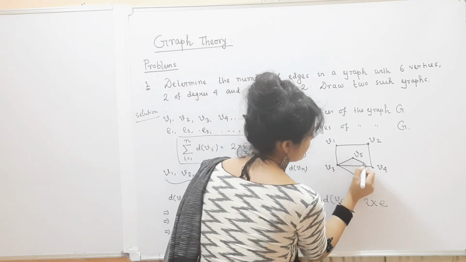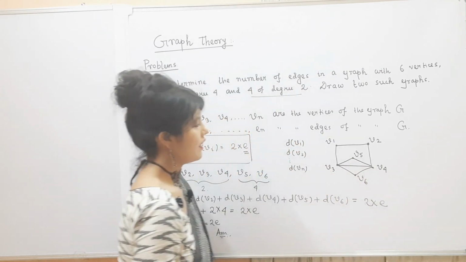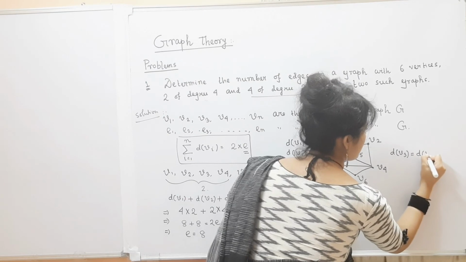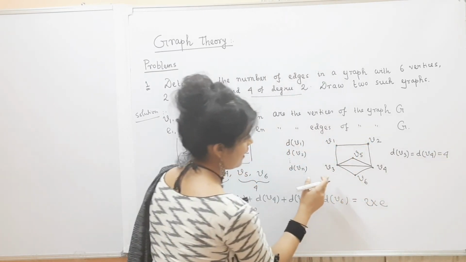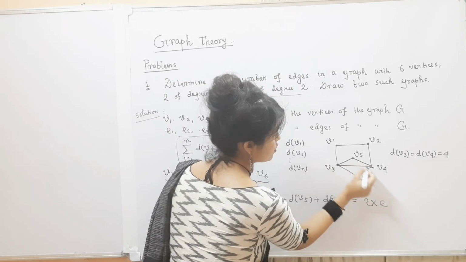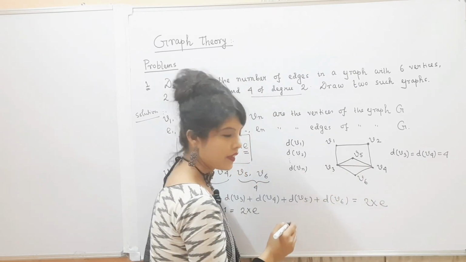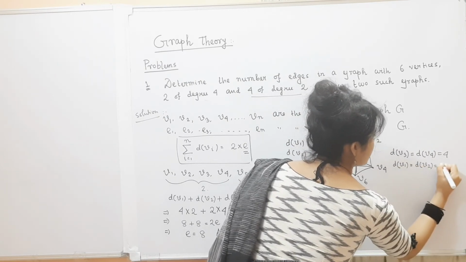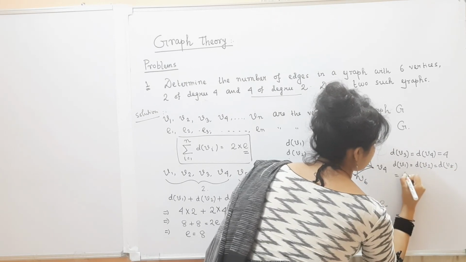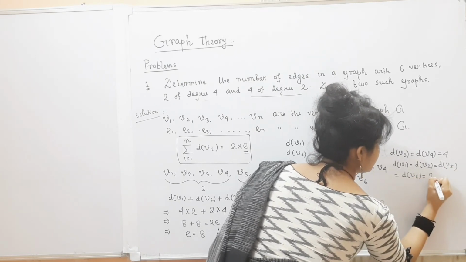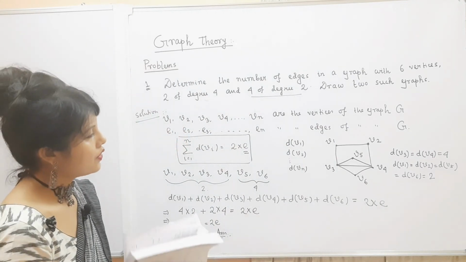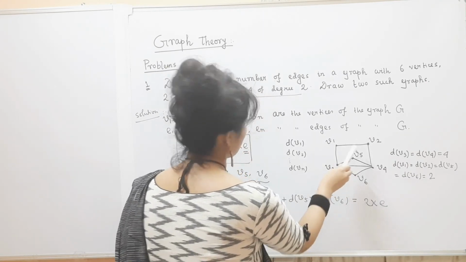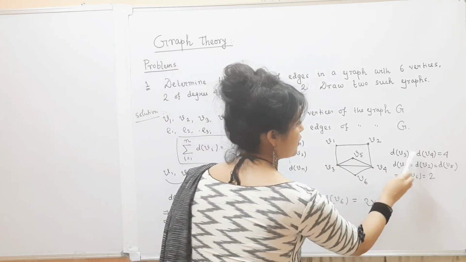Now if you join V5 and V6 with them, then the degrees of V3 and V4 become 4, and the degree of V5 is 2 and the degree of V6 is 2. Therefore the degrees of V1, V2, V5 and V6 are all 2. So this is a graph with 6 vertices, of which 4 are of degree 2 and 2 are of degree 4.